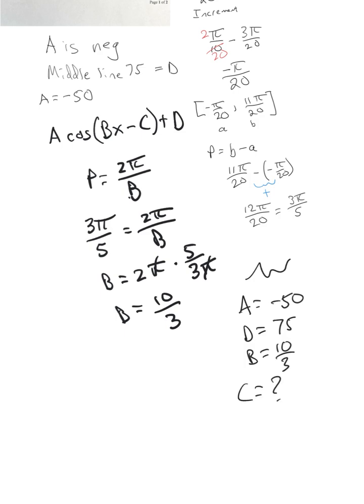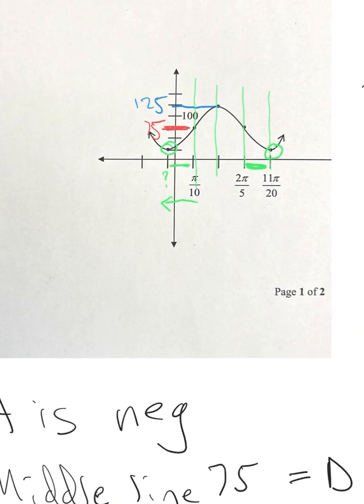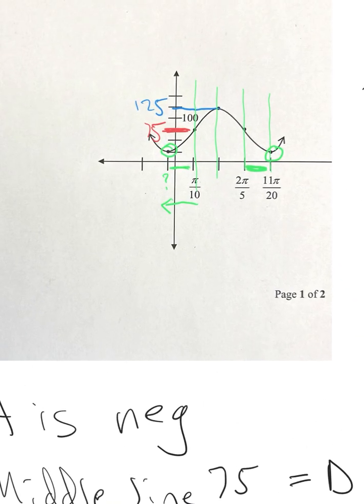All right, so c is related to the phase shift. So I'm going to have to scroll back here. The phase shift. That cosine curve, remember, started here in green, and we found that that was negative pi over 20. So that's a phase shift of negative pi over 20. That's a left shift.